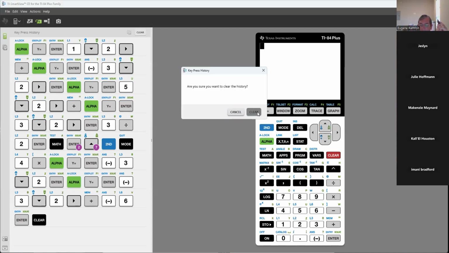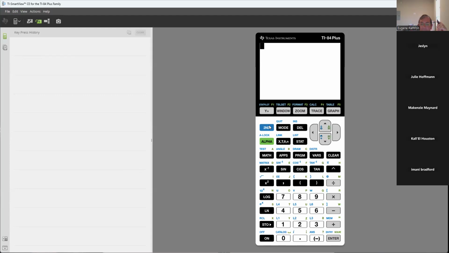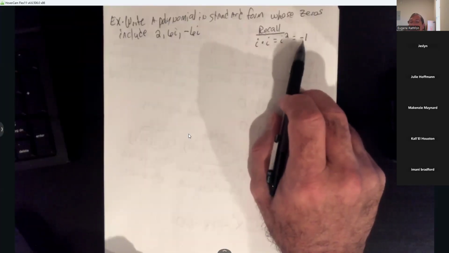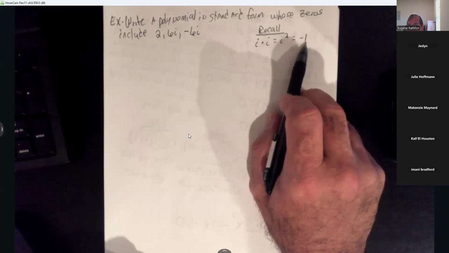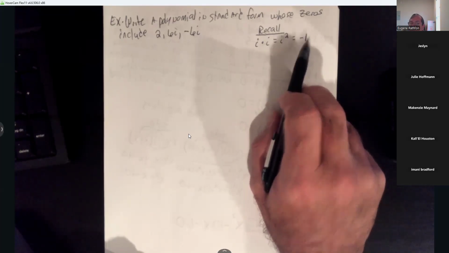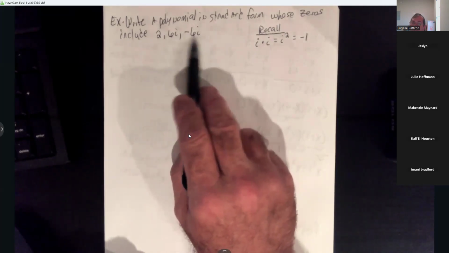Y'all look here, by the decimal down here, there's a blue i. So if you hit the second button and the decimal, that brings the i up. And I'm just going to multiply i times itself. So i times i is i squared, but watch what that equals. That equals -1. Okay? So what that means is anytime I get an i squared, I'm going to change that to a -1. Okay? That's important when you're foiling these imaginaries here.